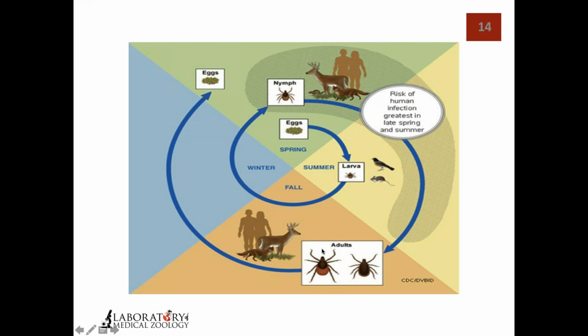And then as adults, because they are three host ticks, they feed almost exclusively on large mammals and predominantly on white-tailed deer throughout the range in the Northeast and upper Midwest. And then they'll lay the eggs and the cycle will start over again.